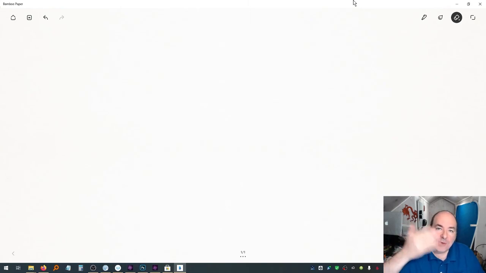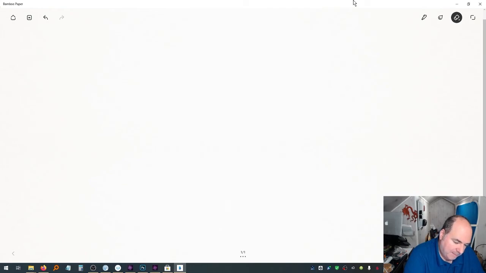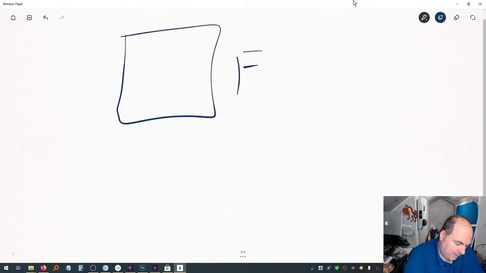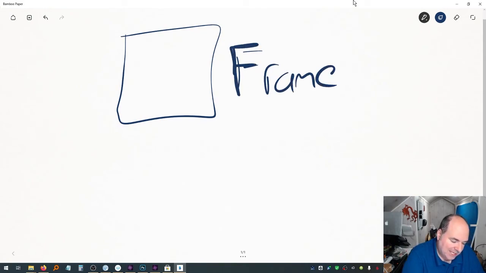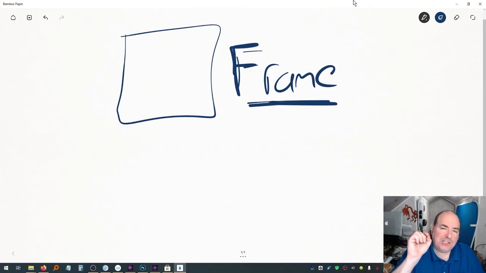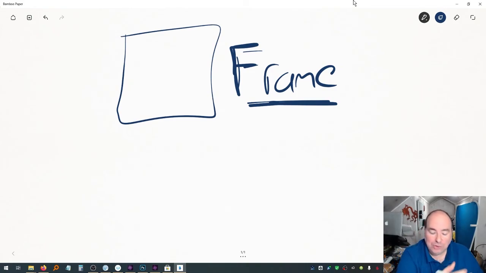You don't see the multiple pictures going by. Each picture that goes by is called a frame, and that's where we begin. A frame is the single picture, and these frames go by in rapid succession, and we get the illusion of motion.